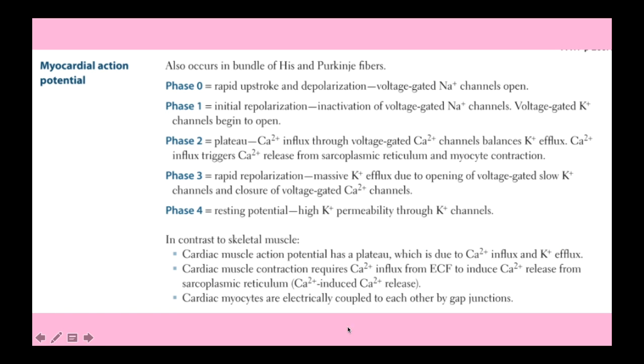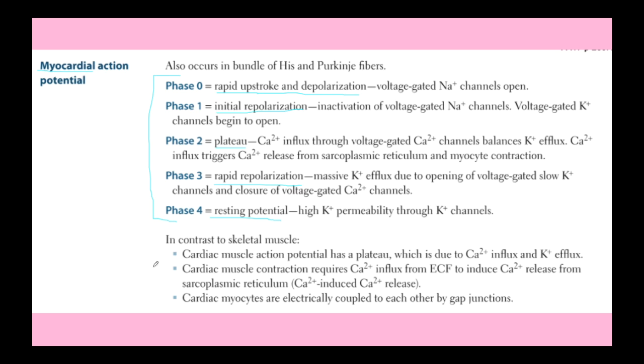So out of First Aid, before we go through things in depth, just a quick overview. We're talking about the 5 phases of myocardial action potential, starting with the rapid upstroke and depolarization as phase 0, and then we have an initial repolarization, and then a plateau, before we have a rapid repolarization, before coming back to a resting potential.